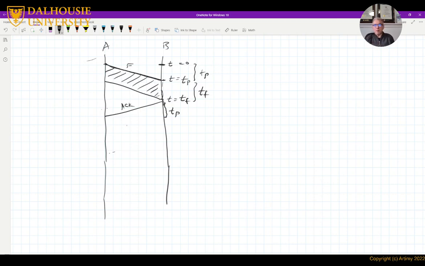So to simplify the calculations, we will assume that the size of the acknowledgement is 0. So if you add up all the time from here to here, you will see that we needed 2 propagation times, one here and one here, and one TF. So the total time equals 2 TP plus TF.